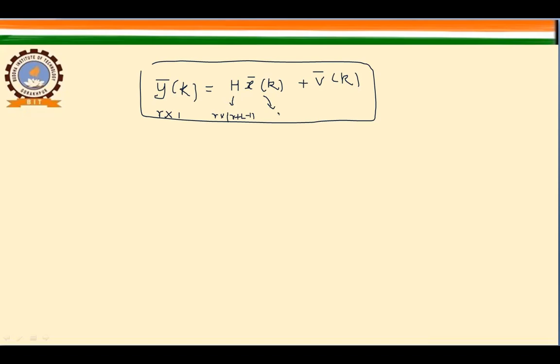The matrix is R plus L minus 1 cross 1. Noise of the channel is additive in R cross 1.